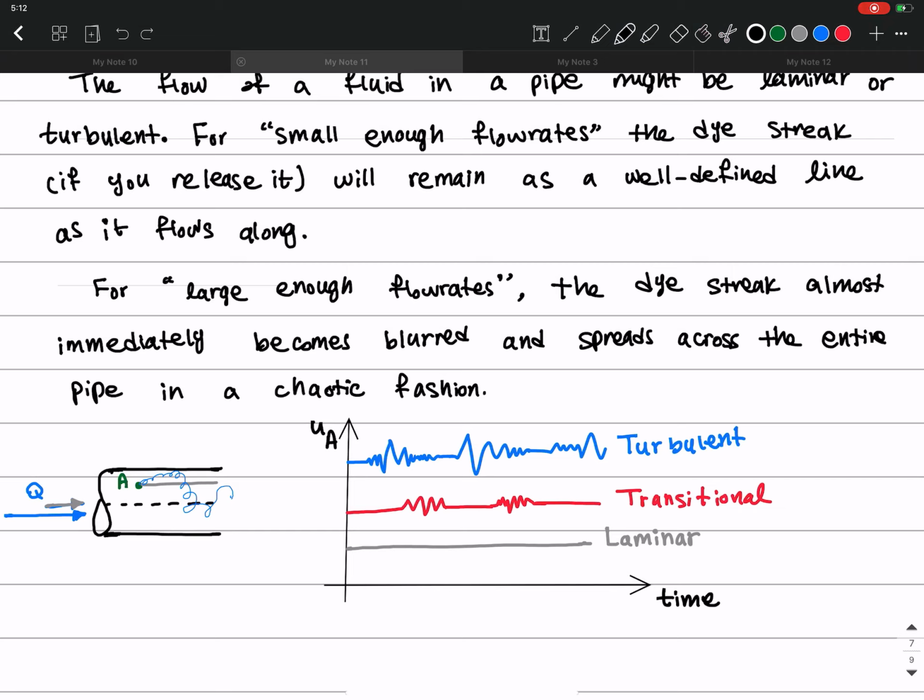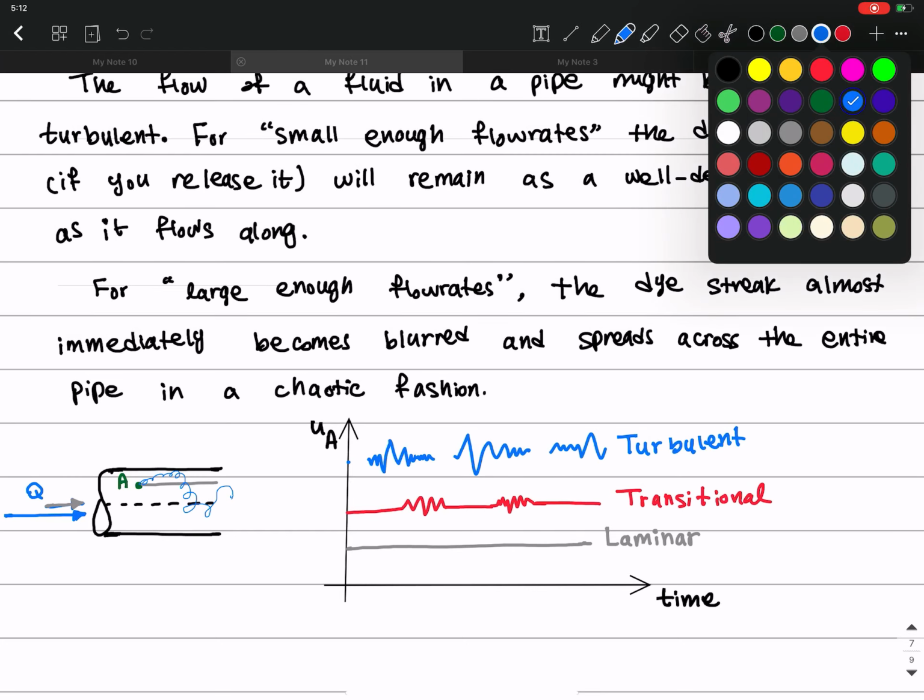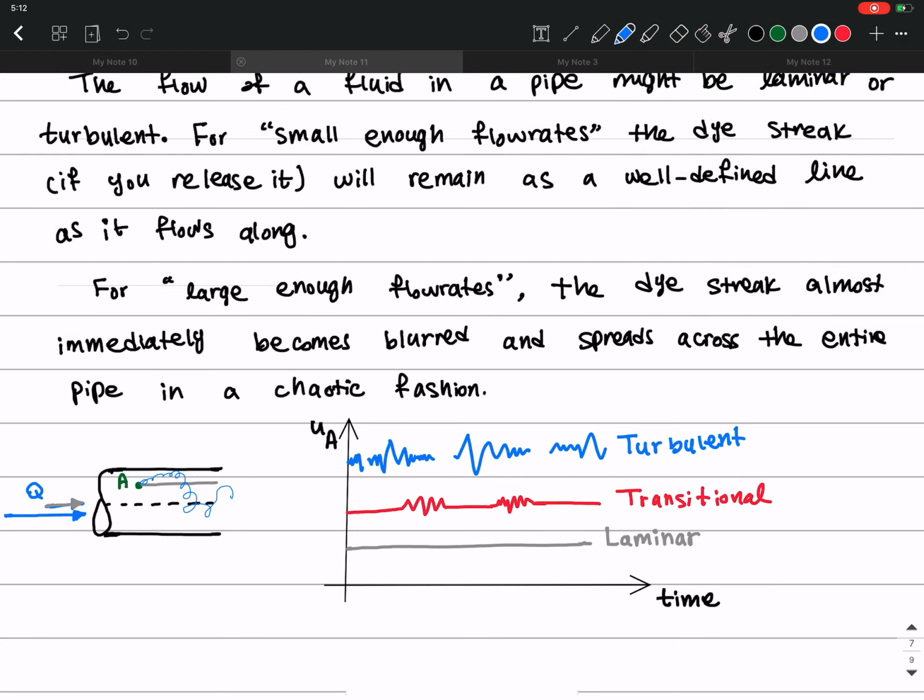And then we have a turbulent motion, which is fully turbulent and fully chaotic, right? So even here, let me make it more clear. We don't have any laminarity here. Everything is turbulent. So this is the turbulent flow regime.